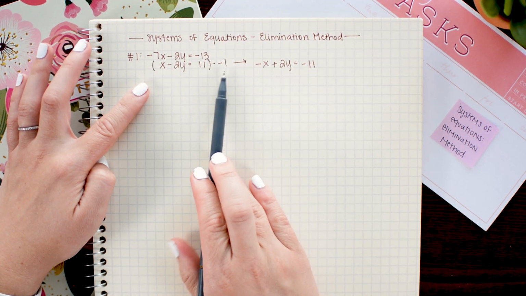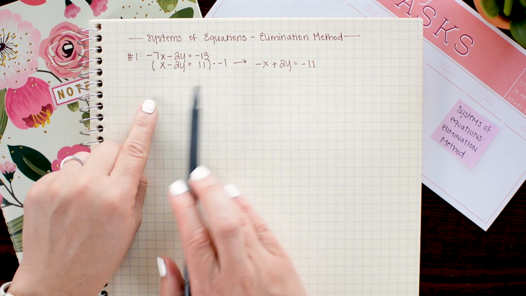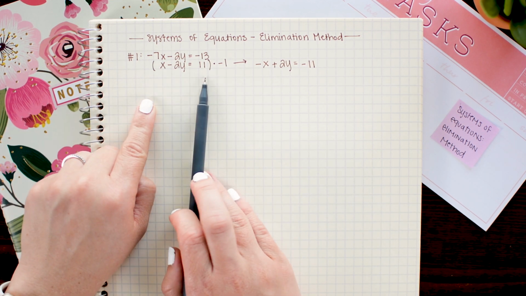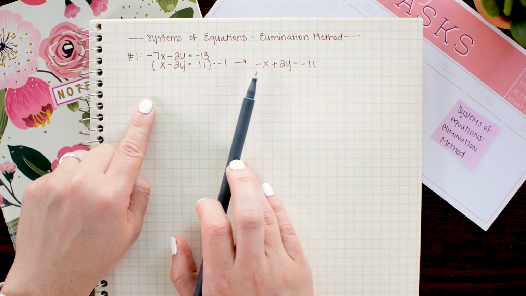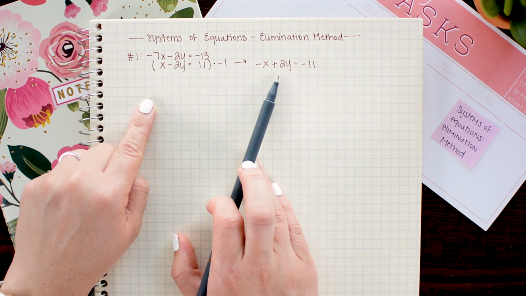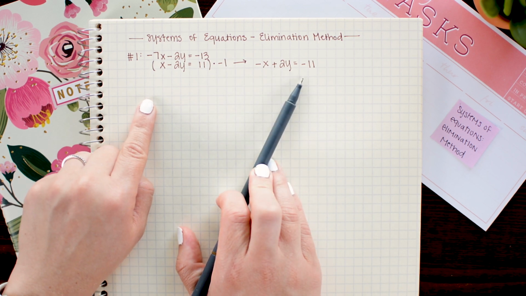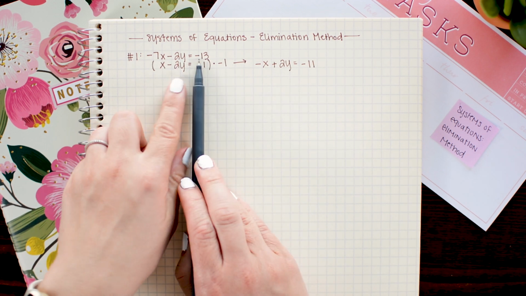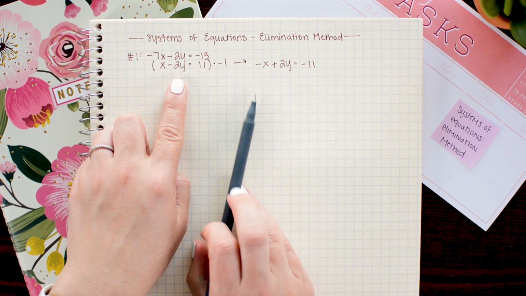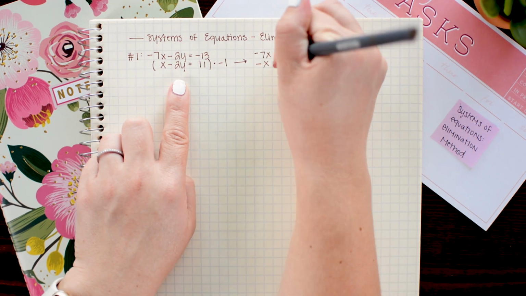Notice here how when I multiplied by negative 1, I made sure to multiply every single term in the equation by a negative 1 so that I would get negative x plus 2y equals negative 11. Now I'm just going to rewrite this first equation above it and add the two equations together.